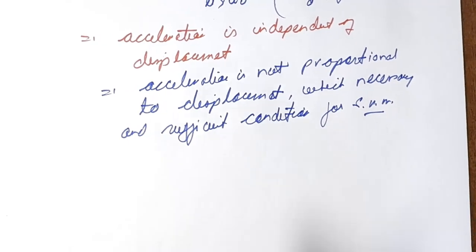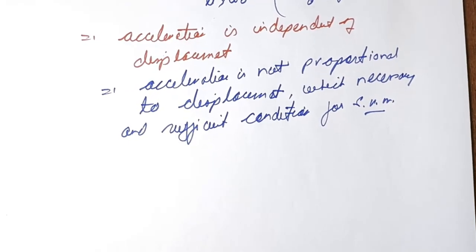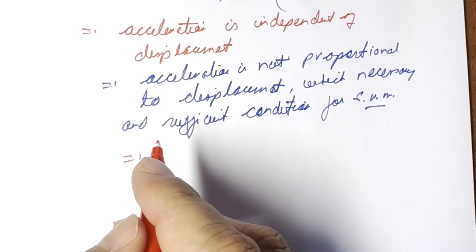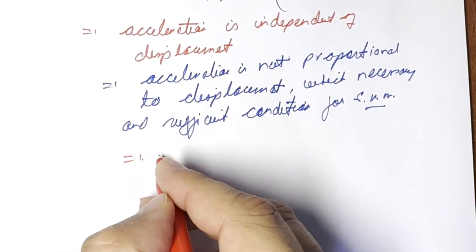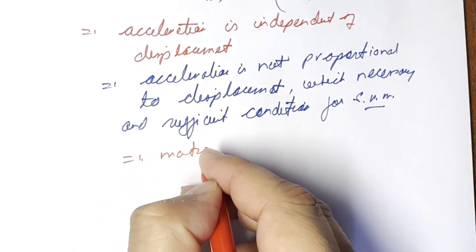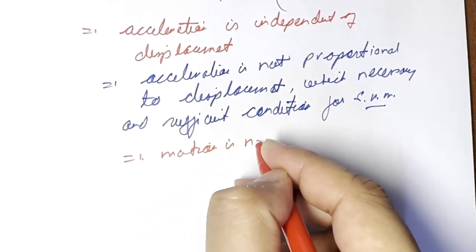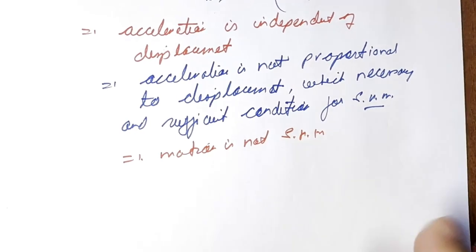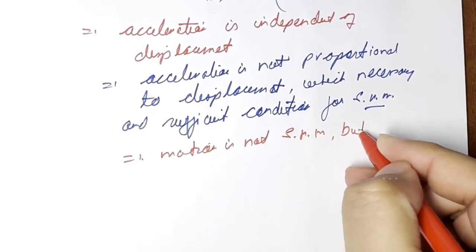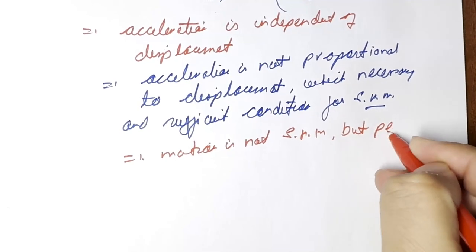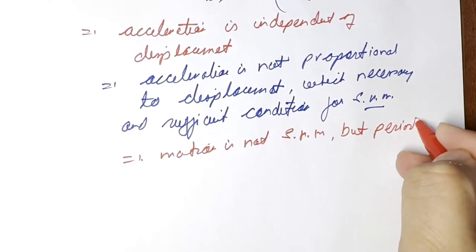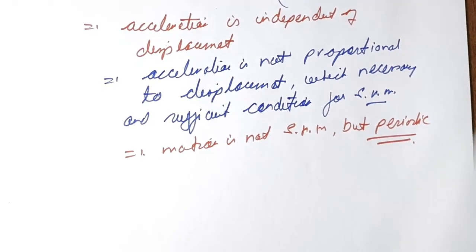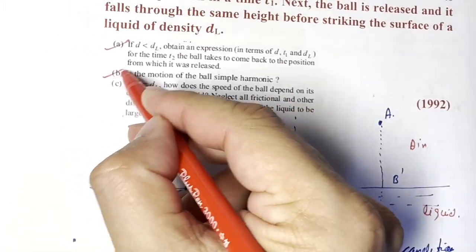So as this sufficient condition is not satisfied, we can say that the motion is not SHM, but it will be periodic. So this completes our part B also.